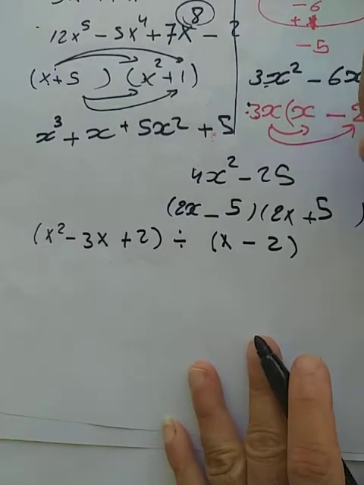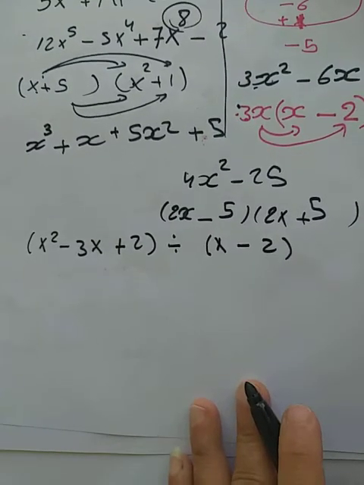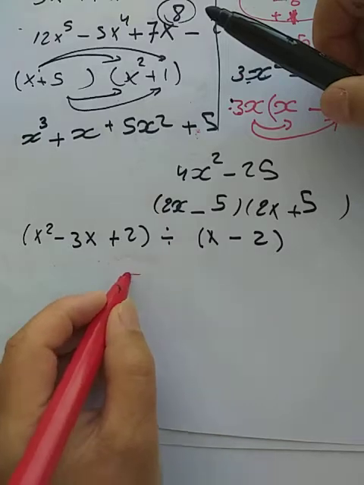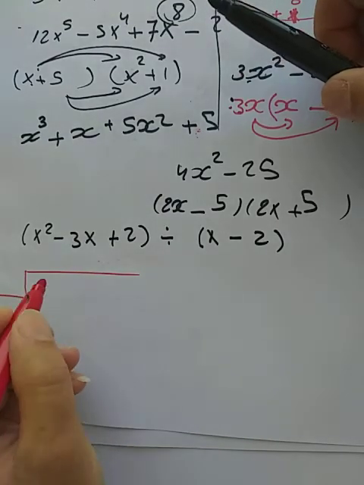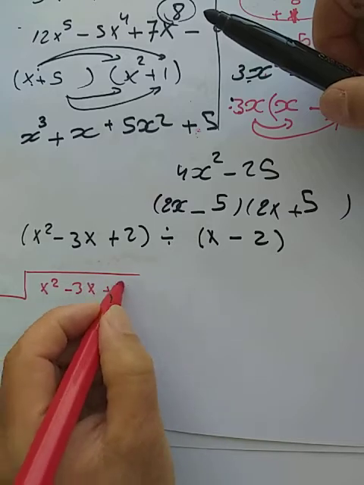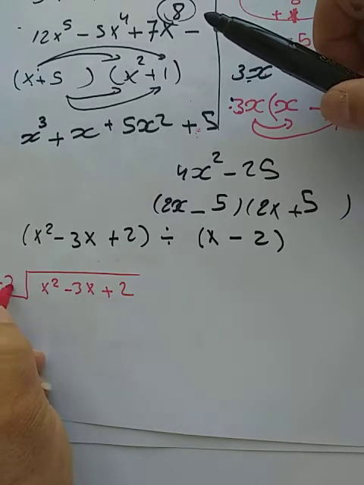Divide this one by using long division. X squared minus 3x plus 2 divided by x minus 2.